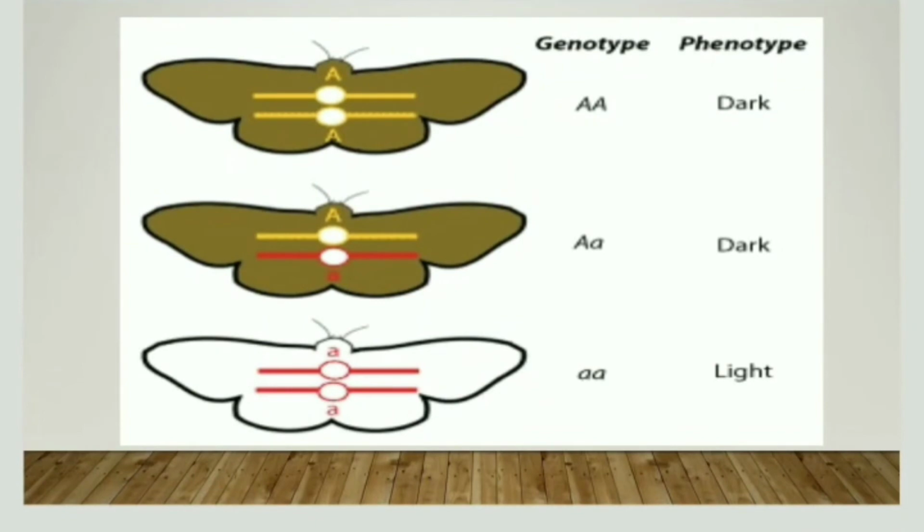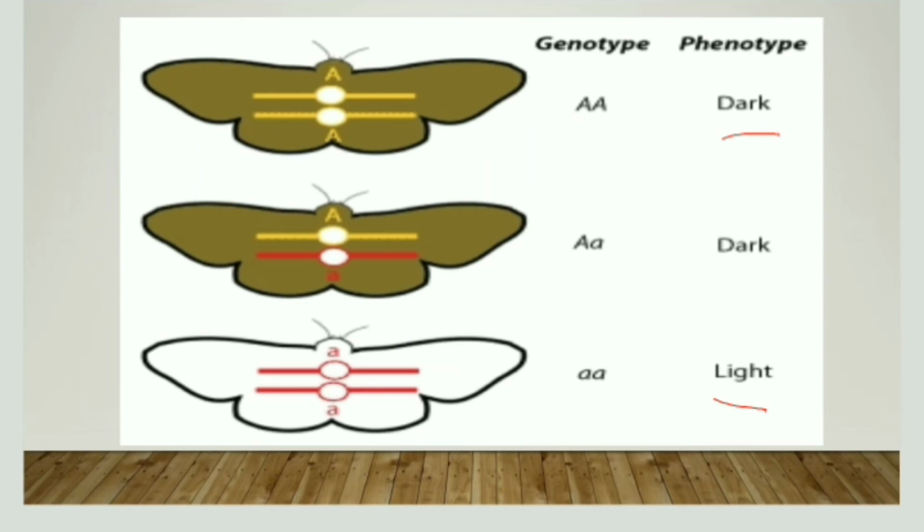Now let us explain another example, that is wing color. For example, if wing color is of two types, dark as well as light, then these two variations, dark and light, occur due to the change in the genetic makeup.